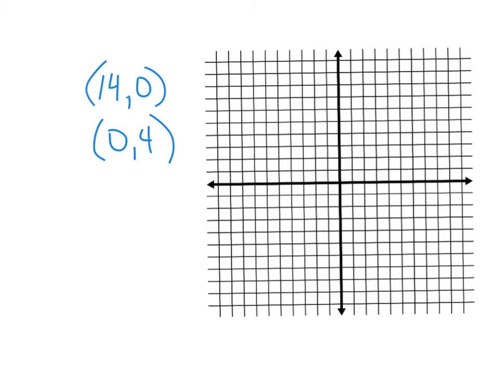So on the x line, 2, 4, 6, 8, 10, up to 14. And on the y line, up to 4. And when you change the measurement, always label it. So we're going by 2's. I'll put a 2 there.